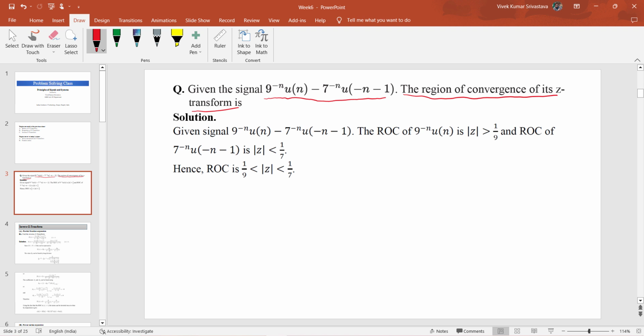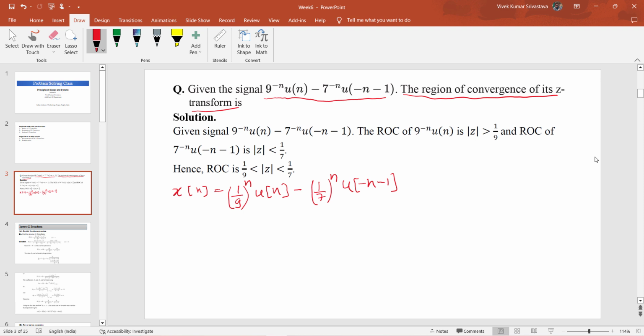Writing x[n], it is a combination of two signals: first is (1/9) raised to the power n u[n], and the second one is minus (1/7) raised to the power n u[minus n minus 1]. Here we have to find the region of convergence.